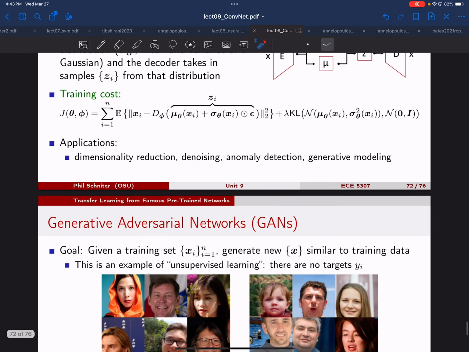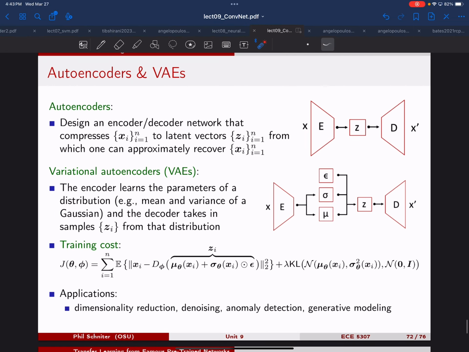So this idea of the autoencoders has come back, and maybe you've heard about latent diffusion. It basically means that instead of working with the whole image, which has a lot of pixels, or the whole video, which has a lot of voxels, you instead encode it into a much smaller dimensional representation, and you work with that. So you train all the networks in this domain, working on smaller data.